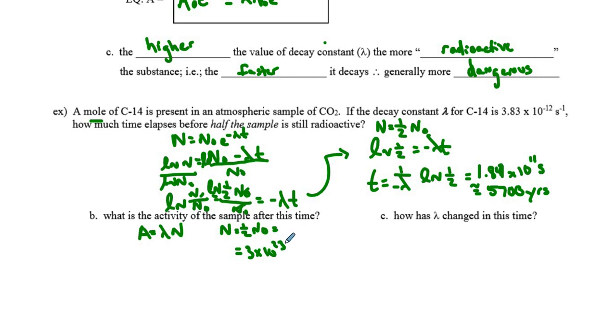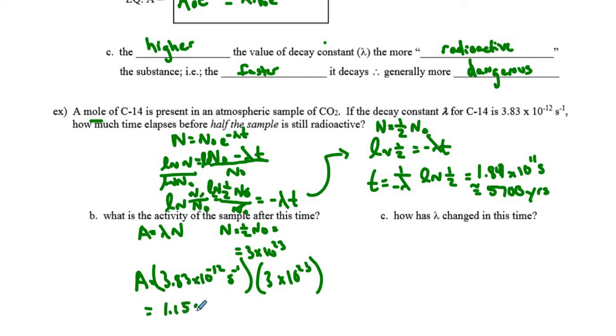If I plug that in with the decay constant, 3.83 times 10 to the minus 12, multiplied by the number left, 3 times 10 to the 23, I got an activity of 1.15 times 10 to the 12 inverse seconds, becquerels.